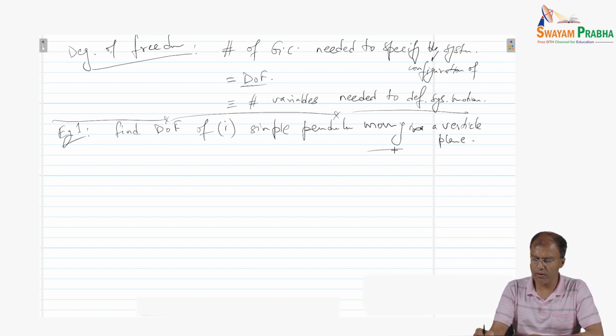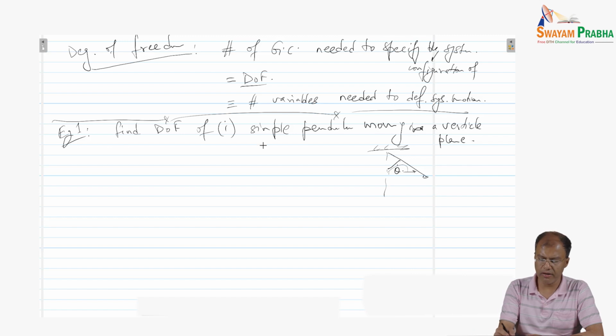We see that the only degree of freedom is theta, the angular displacement. So the degrees of freedom is 1.